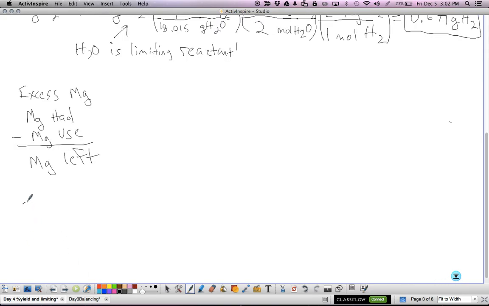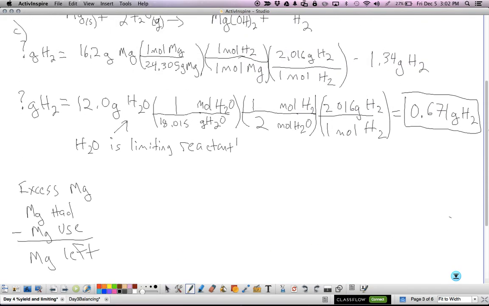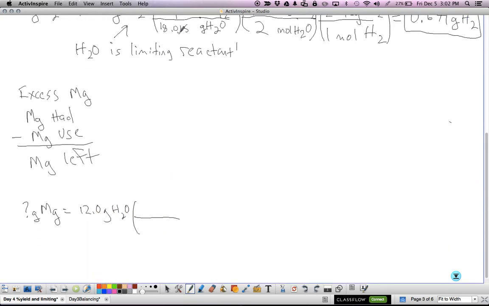So that's question mark grams Mg equals 12 grams water. Okay, and then I already have a lot of stuff done here. I already have a lot of numbers up here, so I want to make sure that I use those.